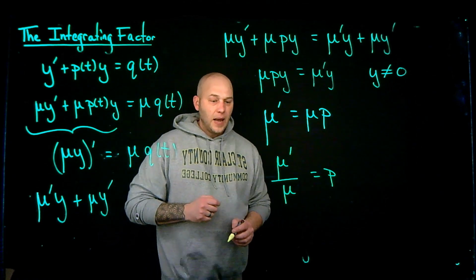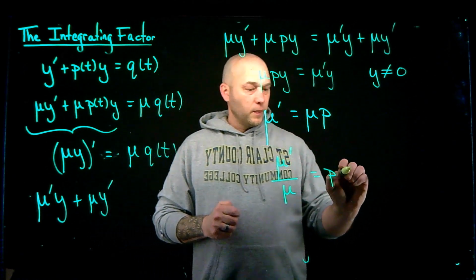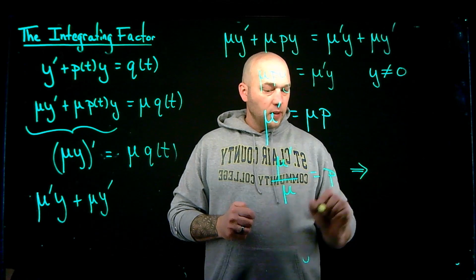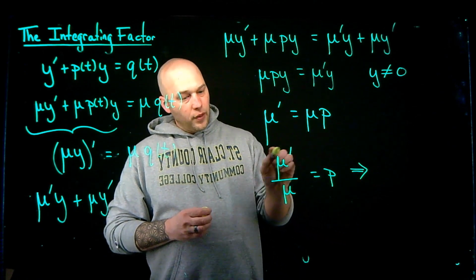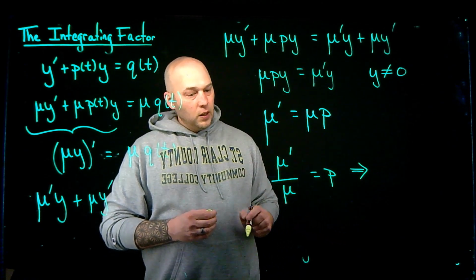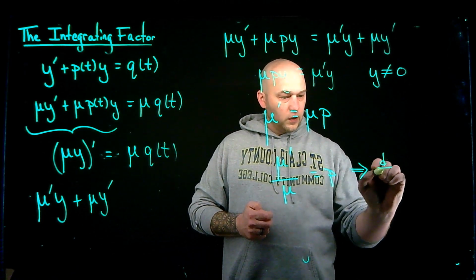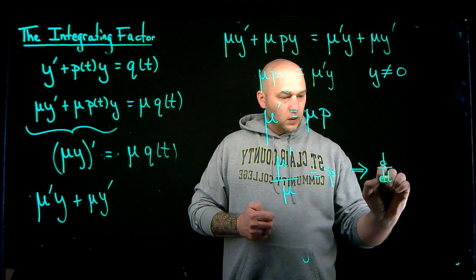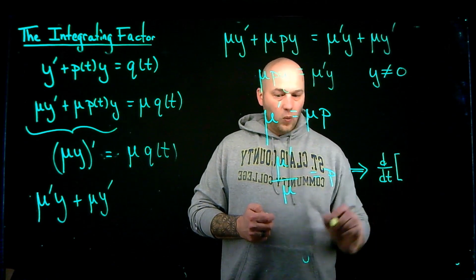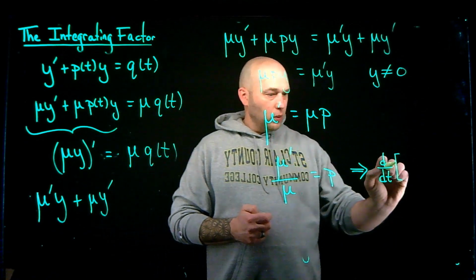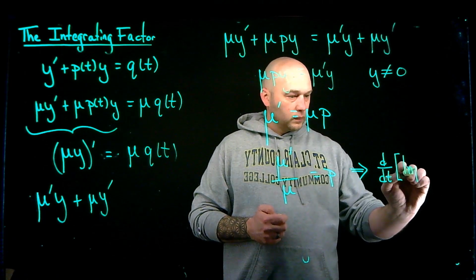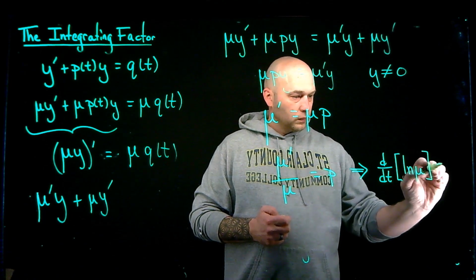Okay? Now, what if I integrate both sides? If I integrate both sides, then notice that this is equal to, well, actually, if I do this first, I'm going to say that's the derivative of what? The natural log of mu. Right?